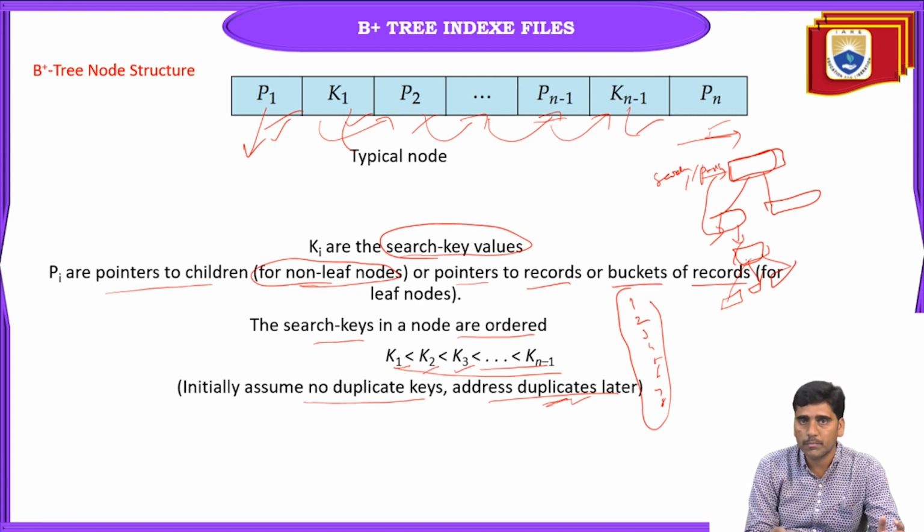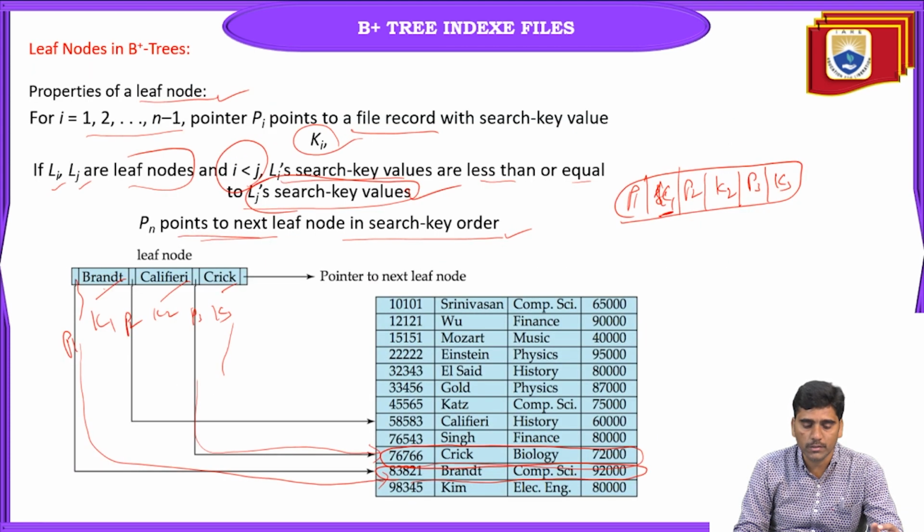The node structure represents a combination of pointers as well as search keys. A pointer points to a search key, and the search key points to the next pointer. If the search key value points to a particular record, then that record is displayed based on the search key value. That is the way a node is presented.